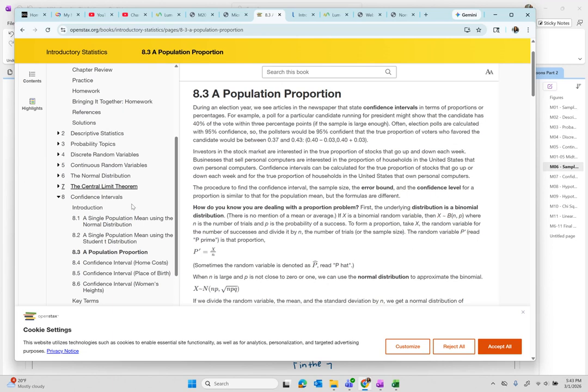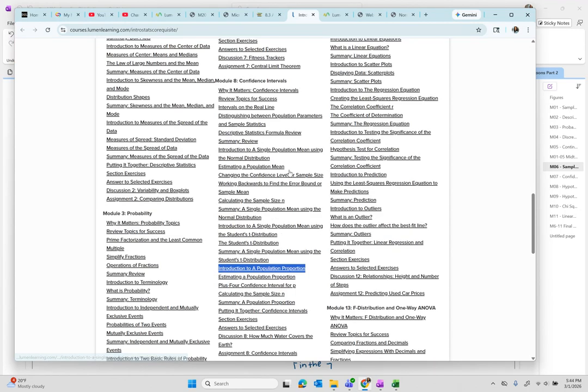So this is the introduction to the population proportion at 8.3 in the Openstax Introductory Statistics textbook, and in the Lumen textbook is in Module 8, the introduction to a population proportion, and it is the first preview of how we go about calculating or estimating proportion from a sample proportion.